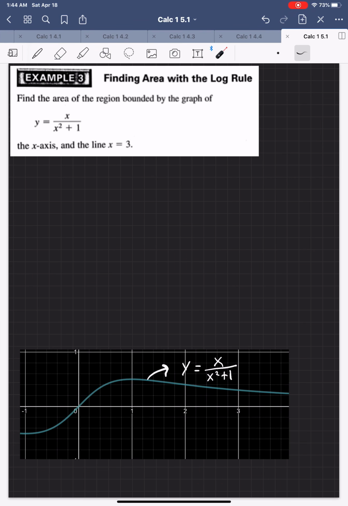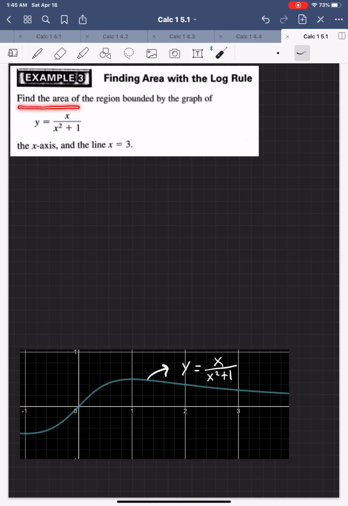Okay, so let's think about how you would find the area. Let's read and make sure we understand. It asks us to find the area. And what are we finding the area of? Well, we're going to find the area of y equals x over x squared plus 1.